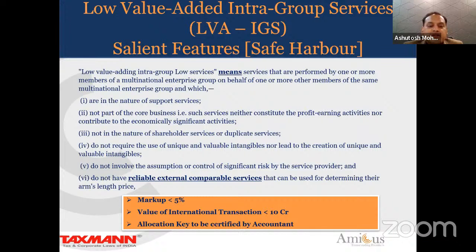Another limiting condition is that the reasonableness of the allocation key for the allocation mechanism has to be certified by an accountant. This is not a precondition as per OECD or global best practices, but it has been spelled out in the Indian safe harbor. Because you need a certification by an accountant, it becomes more onerous and may discourage taxpayers from going for this.